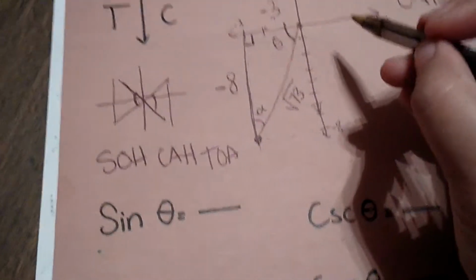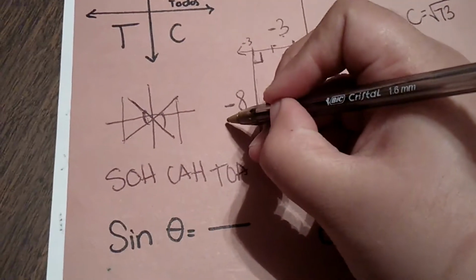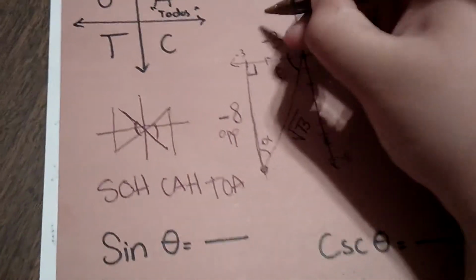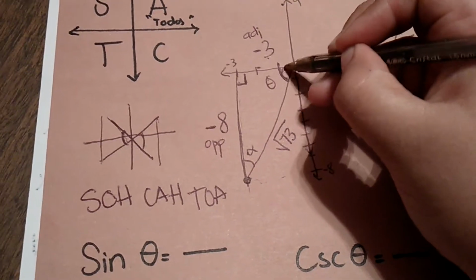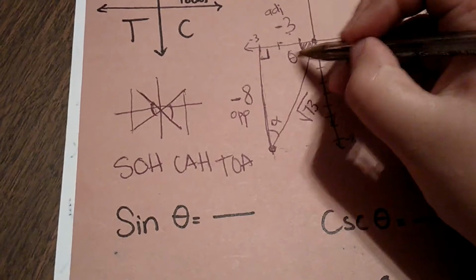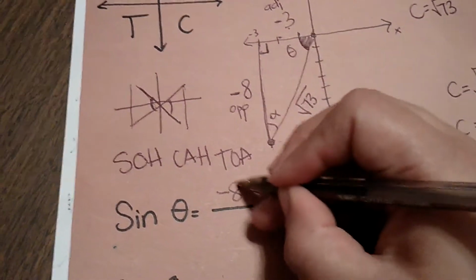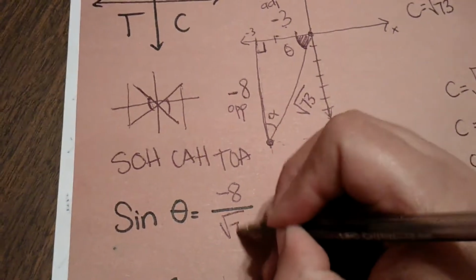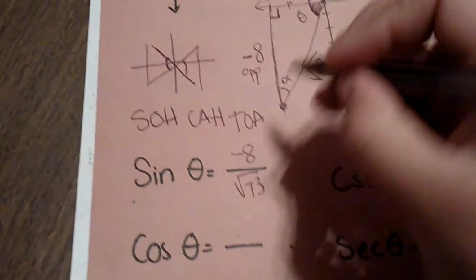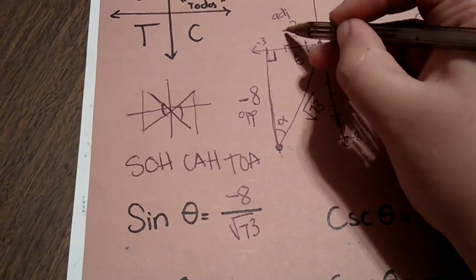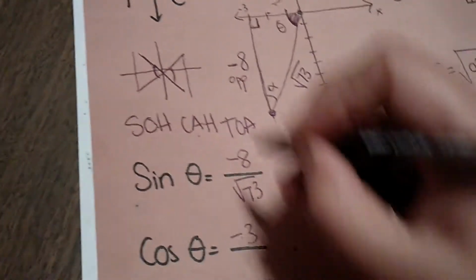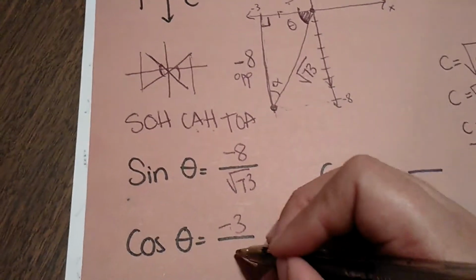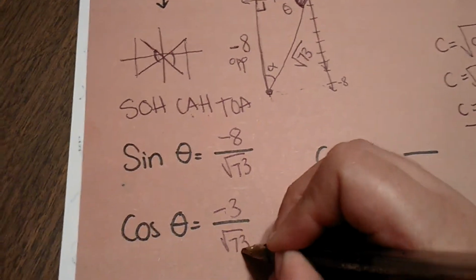For sine, opposite over hypotenuse; you can also write here opposite, adjacent. Remember, it's for this angle. Sine of beta equals opposite, minus 8 over radical of 73. Then cosine of beta equals your adjacent, minus 3 over hypotenuse, that is radical of 73.